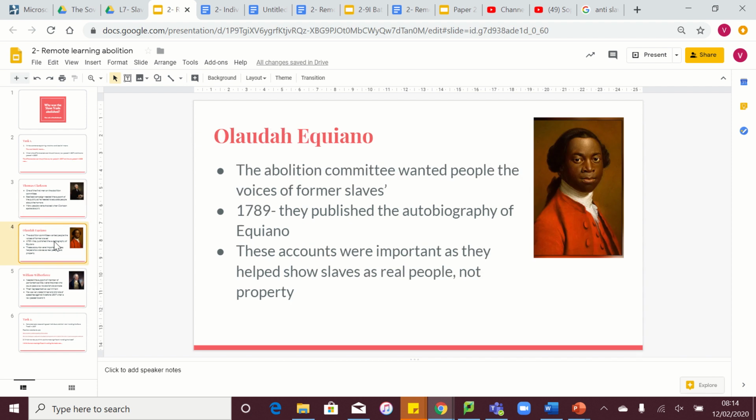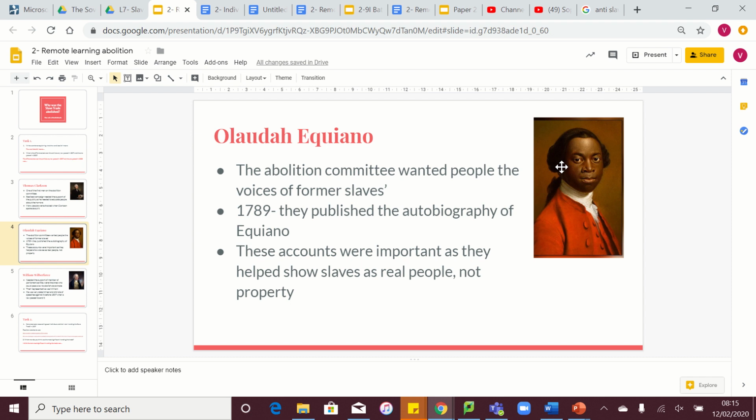Another man who is quite interesting is this man here, Olaudah Equiano. Hopefully all of you will notice that he's not white. He was an ex-slave. He lived a better life for a slave, shall we say, because he had quite a kind master who allowed him to buy his own freedom. He was able to have a business of his own, and when he'd saved up enough money to pay his master back for the cost of him, he did that.